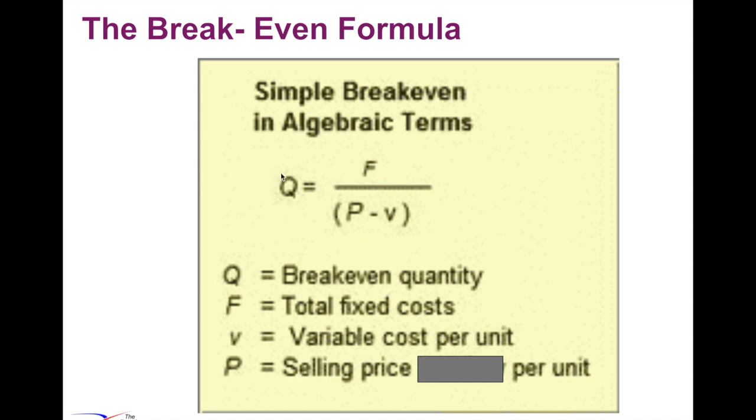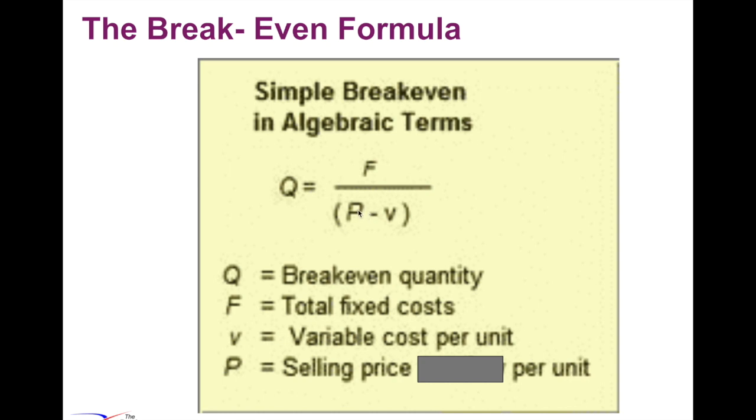Q represents the break-even quantity. Now, just a refresher, the break-even quantity is the number of units you need to sell in order to just repay your costs back. So the number of units you need to sell just to pay your costs back is equal to your total fixed costs divided by the difference between the price you intend to charge people and the variable cost that it costs to make that product.